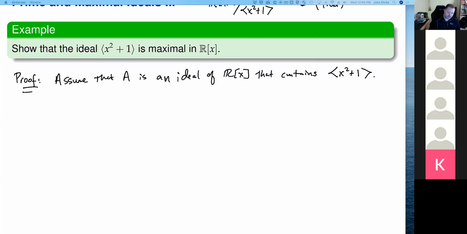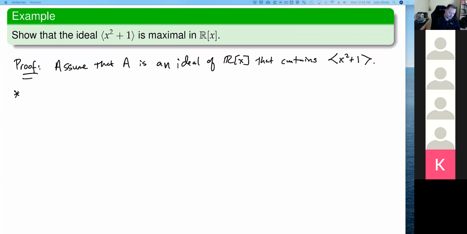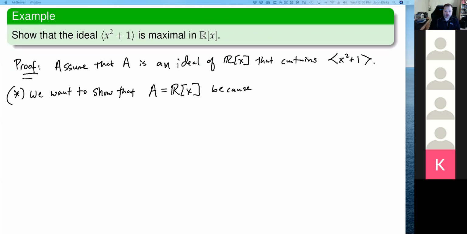What we want to show is that that ideal turns out to be the entire ring, because it will contain a constant.